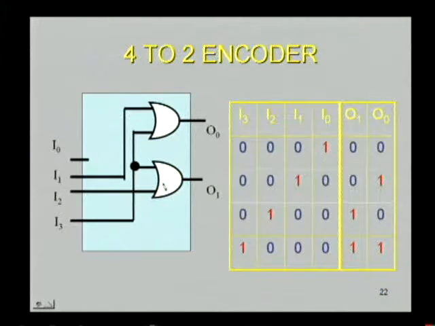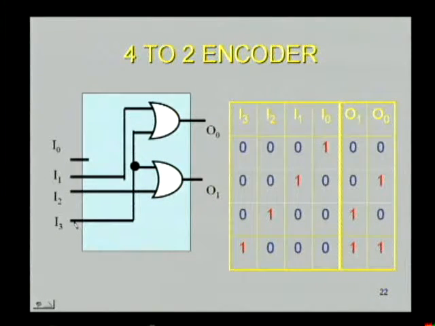Whereas the second OR gate gets I2 and I3 as inputs, and since I2 and I3 are zeros, the second OR gate output will be 0, hence the output code will be 0 1. And next, if I2 goes high, then by applying the same logic, the output of the second OR gate, that is O1, will be high, and the first OR gate output is 0, hence the output code is 1 0.